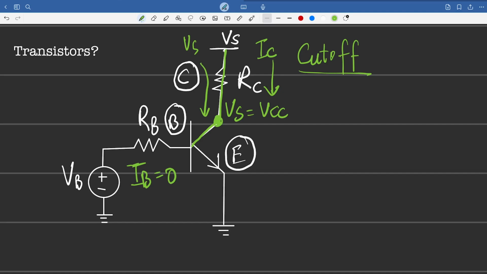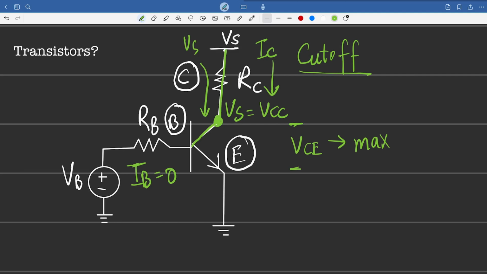So there is going to be no drop across this resistor, meaning that the voltage over here is going to be the same as the voltage over here. So this means that across VCE, so here and here, the voltage is going to be maximum because there's no drop here. The voltage over here is going to be VCC.